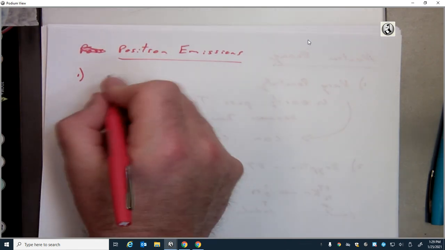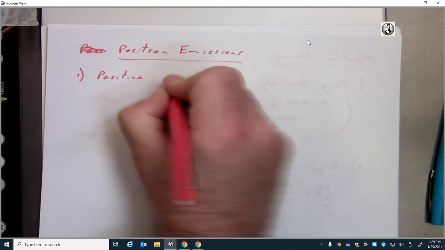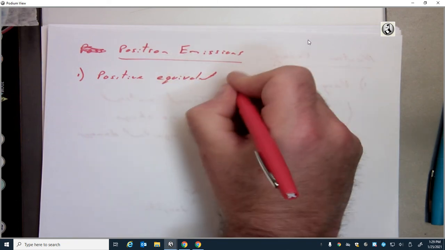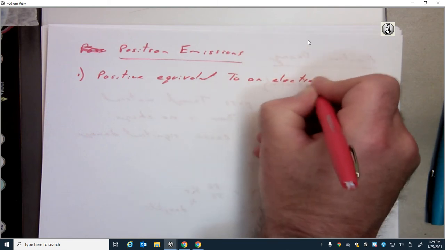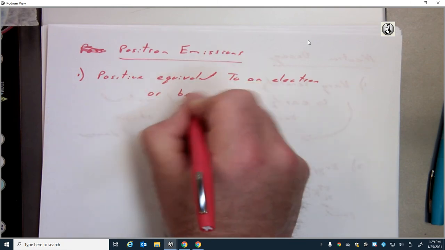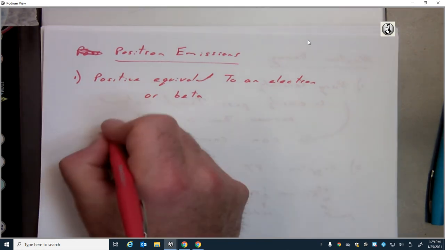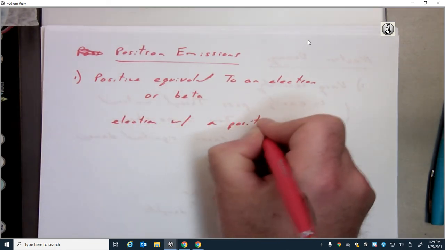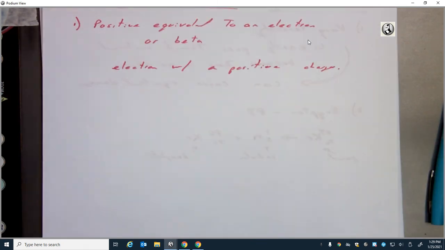So remember, this is the positive equivalent to an electron or beta particle. Okay, so this is an electron, but it just has a positive charge. So it's an electron with a positive charge. Now, how is this positron produced?